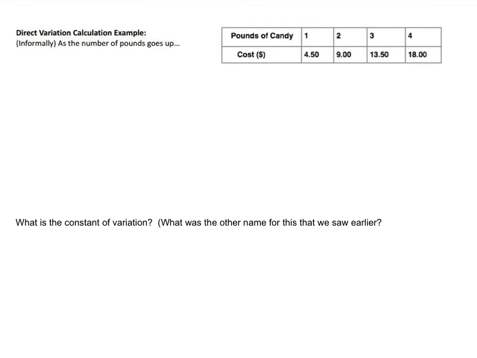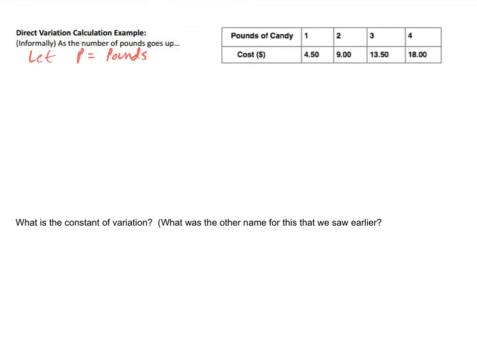Now, for a direct variation, we want to be able to talk about variables. We want to talk about, in this case, pounds of candy and cost, but in other problems, we're going to be talking about other variables. So we want to be able to talk about these quantities more generally. So what I'm going to do is introduce a variable. I'm going to let P represent pounds of candy.